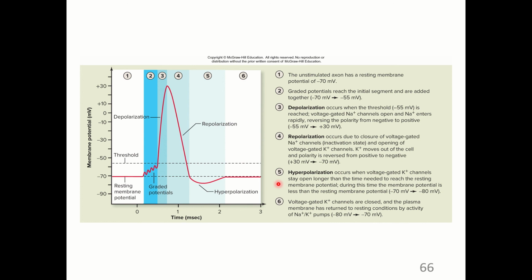During this time, the membrane potential is less than the resting membrane potential. So we're down to about negative 80 millivolts here. And then in step 6, voltage-gated potassium channels close and the plasma membrane returns to resting conditions by the sodium-potassium pump and the natural leakage of potassium out of the cell.